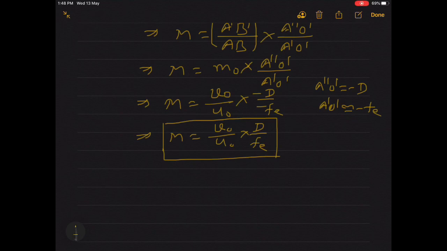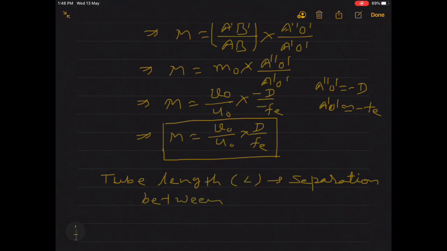and that is tube length. This tube length is denoted by capital L, and it is the separation between objective lens and eye lens. How can we find that?